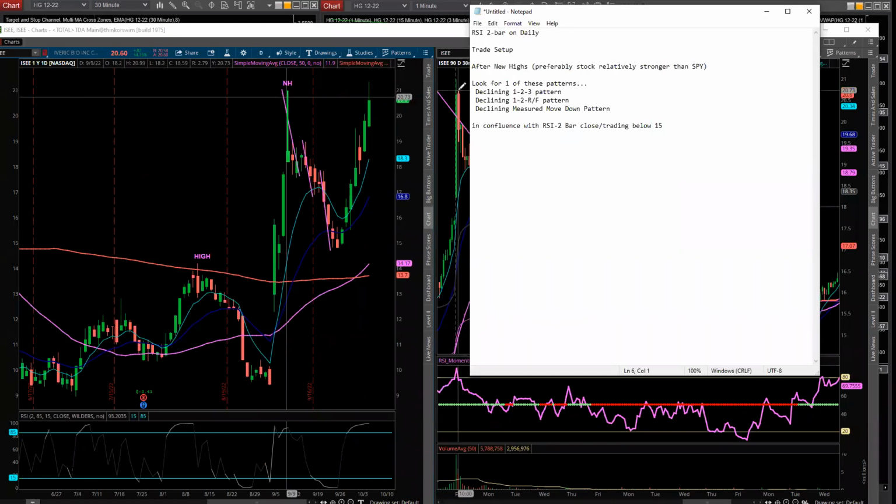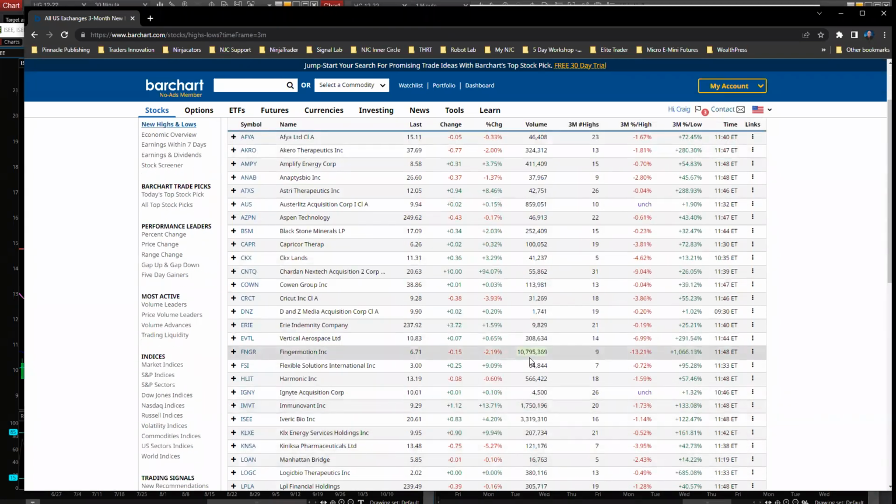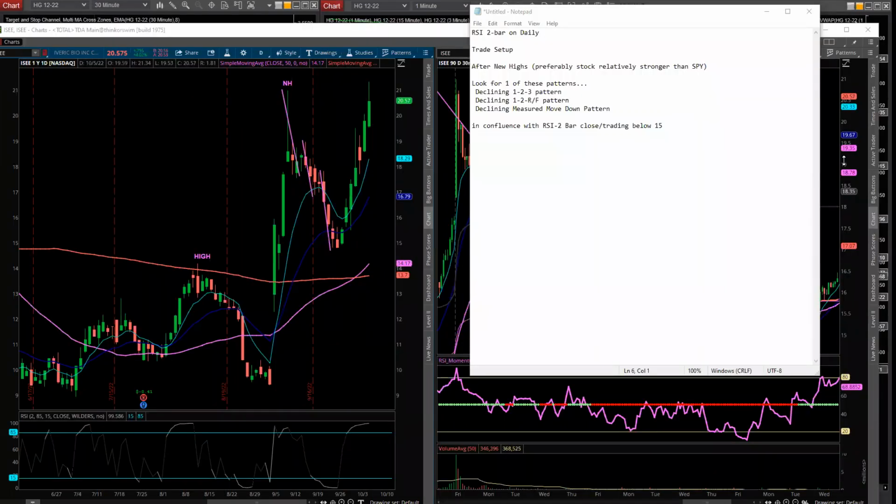After new highs on a stock, preferably stronger than the S&P, you can look at something like new highs and new lows, and then find a stock where there's plenty of volume, anything over 1 million shares. And if you're going to trade the option on it, make sure you've got a tight bid-ask spread and plenty of open interest.